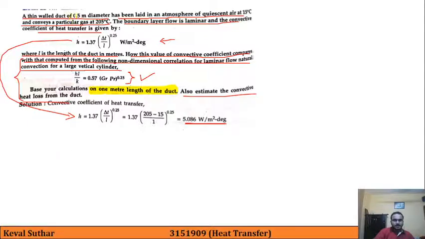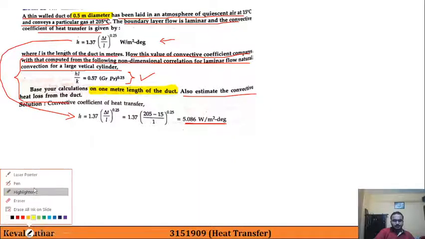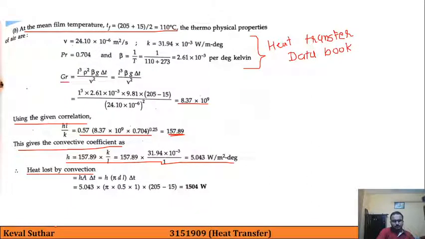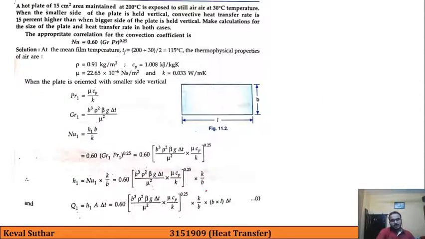So this is a circular duct, and for a circular duct like this the area will be pi d L. So the same formula is utilized here and we are getting the heat loss by convection, that is 1504 watt. So this is our next question.